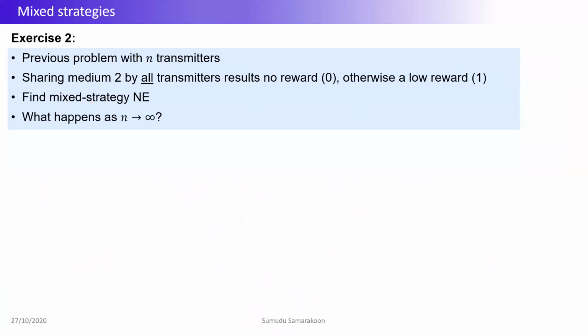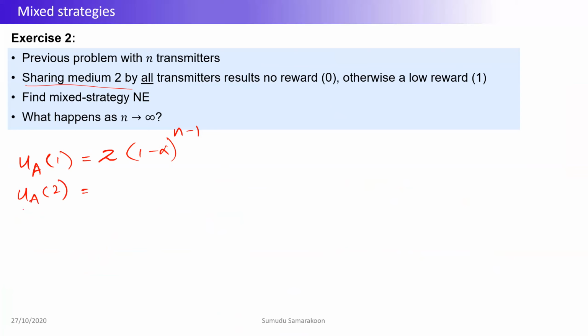Then the question asks to extend this scenario to n transmitters. The only change is that when all share the medium, the result is no reward, but otherwise it is 1. So we can extend the previous results. Using medium 1, you get reward 2 only when nobody else accesses medium 1.